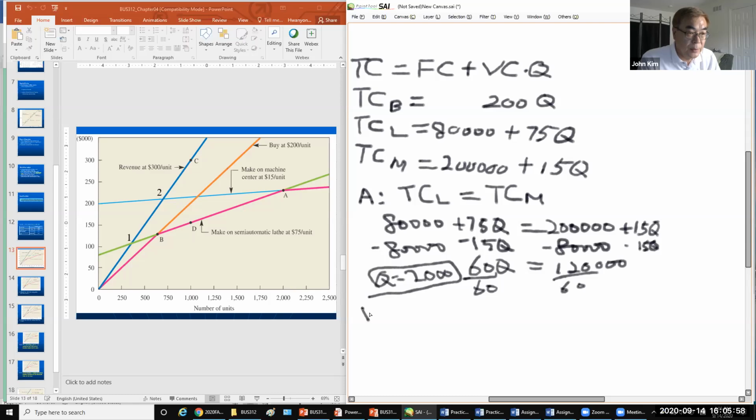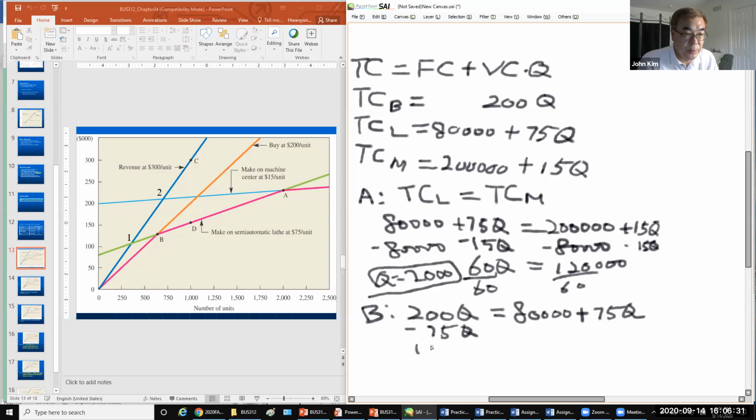On B, first option cross the second option. So first option 200Q equals, second option is 80,000 plus 75Q. So minus here 75Q.